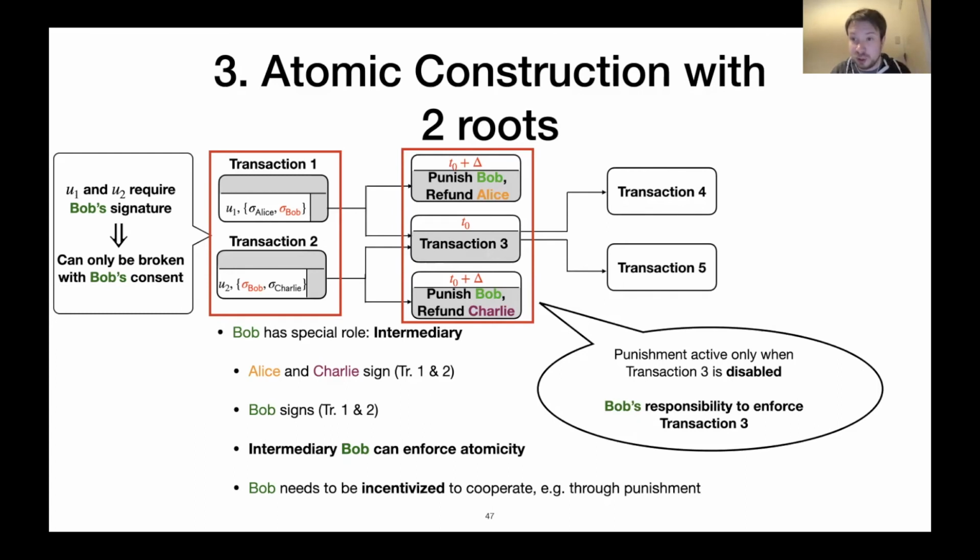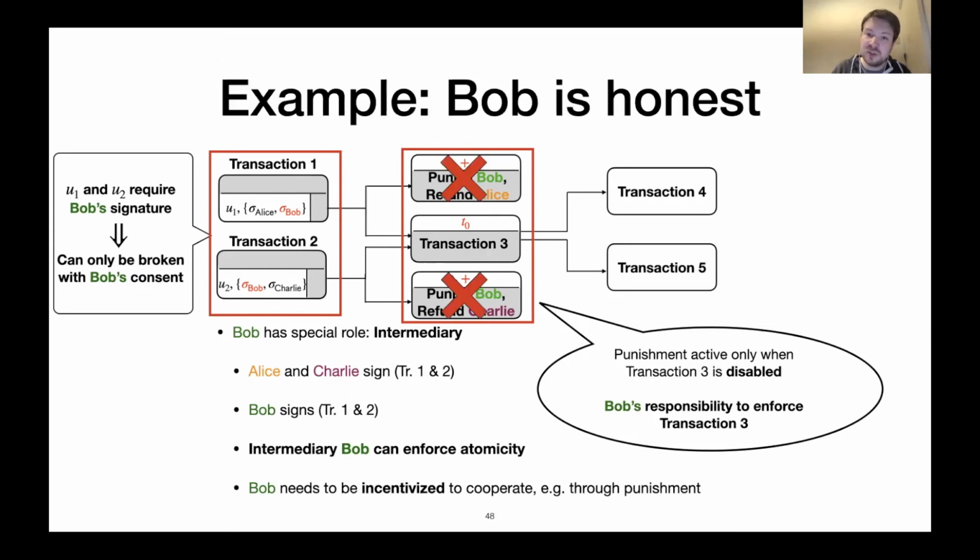So if Bob is honest and creates transactions 1 and 2 atomically, then also transaction 3 can be sent to the ledger eventually, as well as transactions 4 and 5. The 2 new transactions will never be added to the ledger. Bob can prevent, like this, being punished.